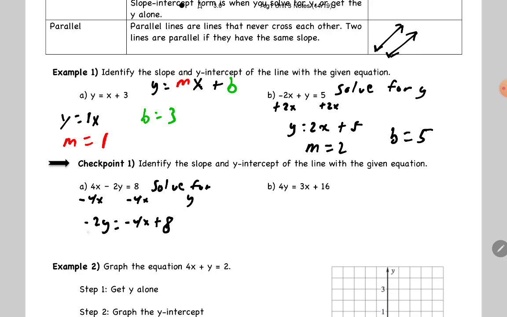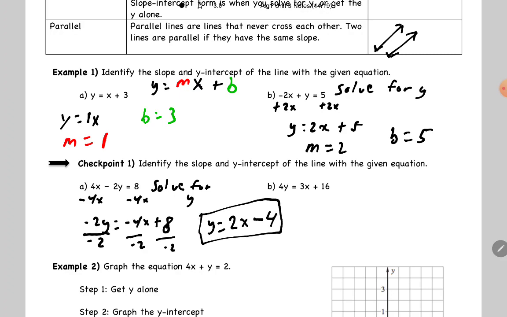And now I'm going to divide everything by negative 2. So I have y equals negative 4x divided by negative 2 is positive 2x. And then 8 divided by negative 2 is minus 4. So I solved for y, but the question wants me to find my slope, which is 2, and my y-intercept, which is negative 4.